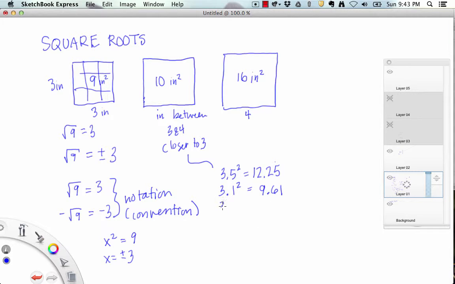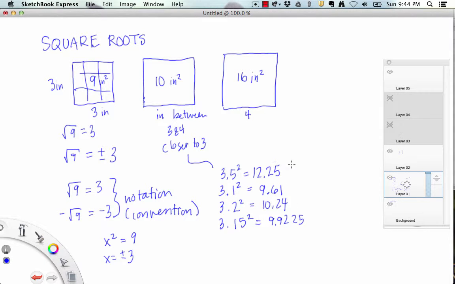That's not quite big enough. 3.2 squared, I'm going to guess, is too big. 10.24. So depending on how many digits of accuracy, we're just trying to narrow it down more and more. And I'm just using a regular calculator to come up with these numbers by multiplying the number times itself.